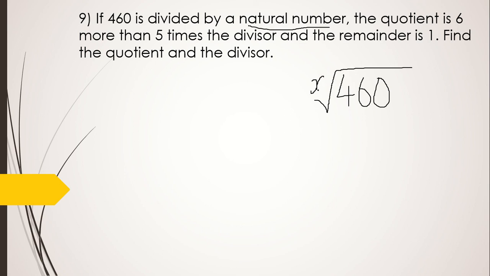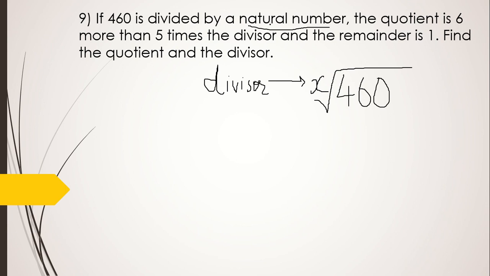Now this is also called the divisor. The number that we write here, the number that divides, is called the divisor. So let this divisor be x. 460 is divided by a natural number.